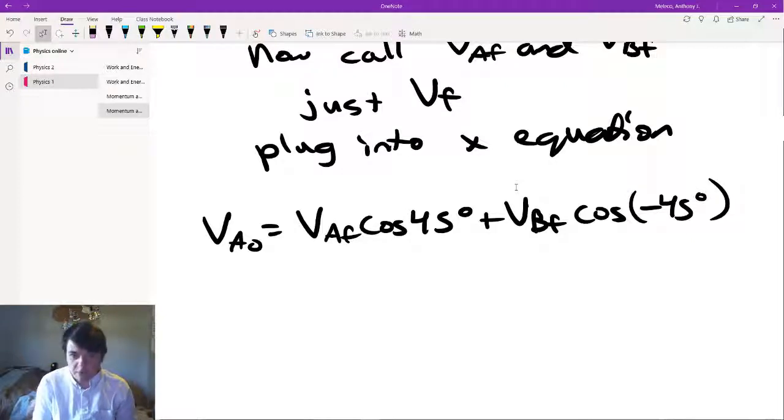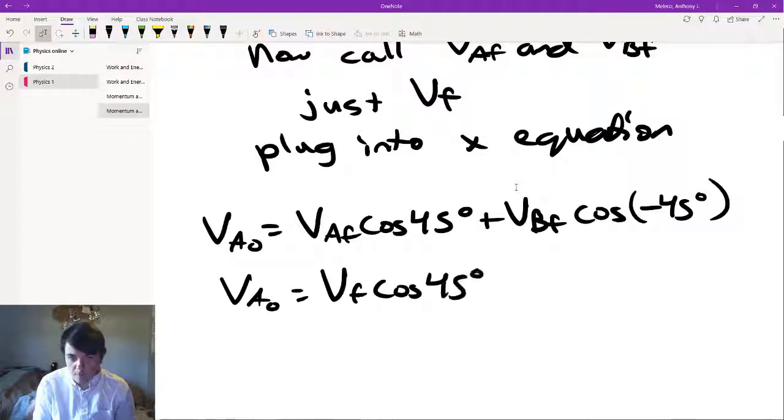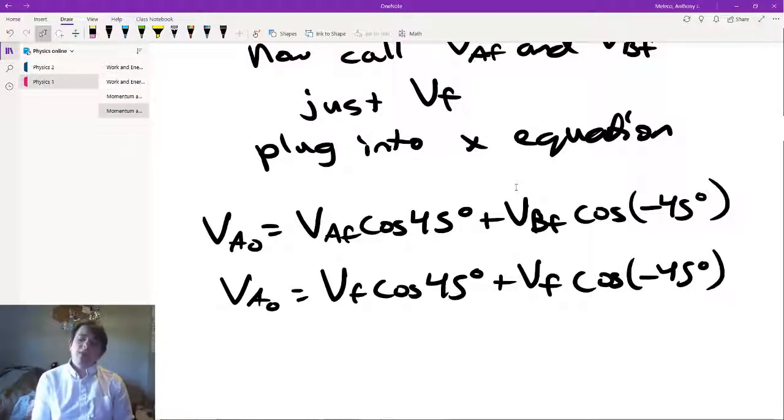Okay, so I'm going to rewrite it. So VAO equals VF plus VF, just replacing these because they're the same thing now. All right, so now we could add these together if these were the same thing. But the problem is cosine of minus 45 isn't the same thing as 45. Or is it?